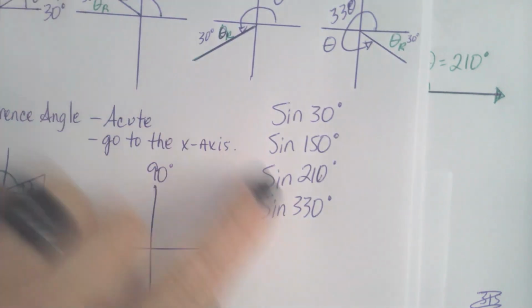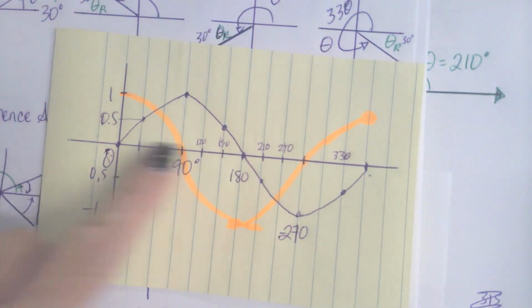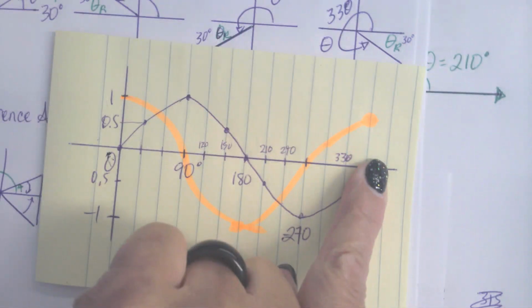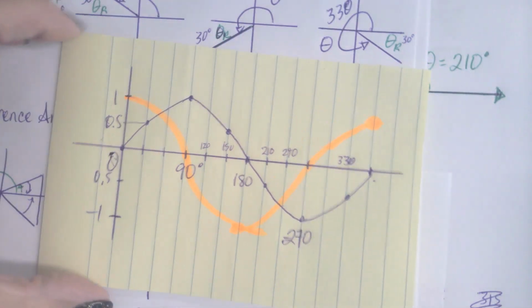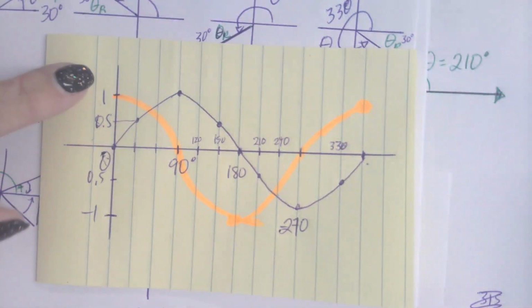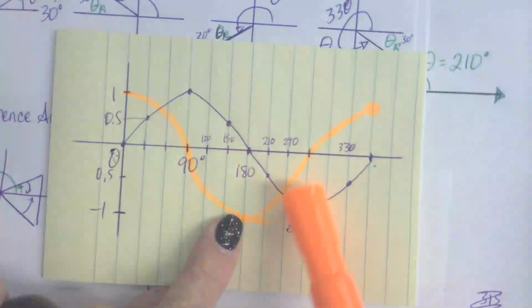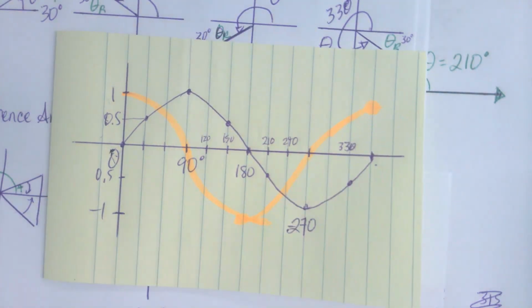Depending on what quadrant they're in, they will be positive and negative, right? Sine is positive in the first 2 quadrants, negative in the last 2 quadrants. Where will cos be positive? In quadrant 1, but then it goes negative in quadrant 2 and 3, and then comes back positive for quadrant 4.